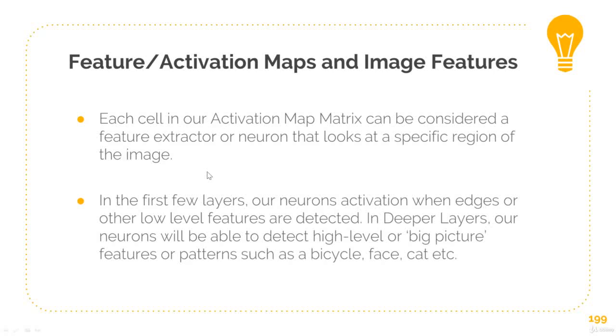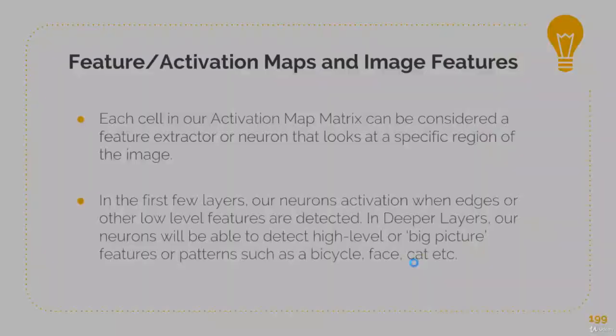However, if we have consecutive convolutional layers, as in deeper networks, we can start detecting more spatial features like the face of a cat, or the shape of a bicycle, or the shape of a face. So that's how CNNs use these convolutional feature maps to detect features.